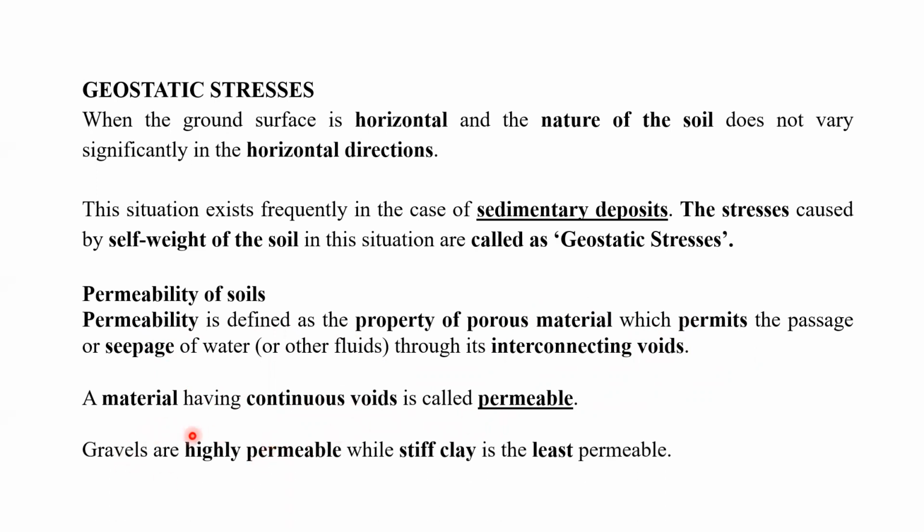Gravel is highly permeable, whereas stiff clay is the least permeable, because gravels have high voids, the size of the voids will be more, and in the case of clay, the size of the voids will be less.